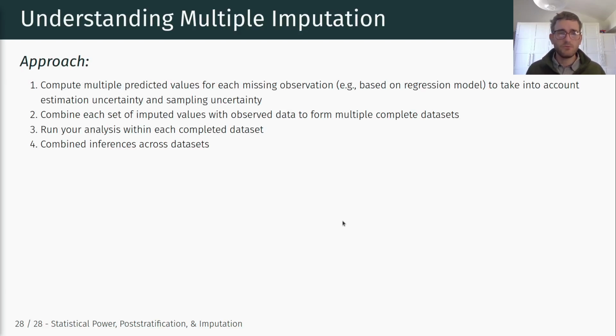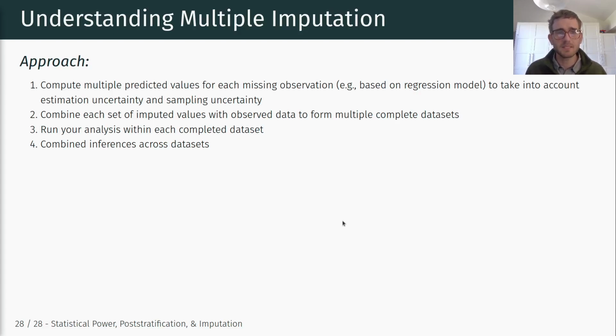Okay? The first step, as I mentioned, is to compute multiple predicted values for each missing observation, for example, based on a regression model. Okay? And then take into account both the estimation uncertainty and the sampling uncertainty, the way we talked about different levels of uncertainty in both linear modeling and in the context of generalized linear models. Okay?